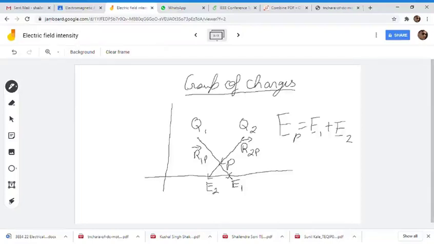This should be a vector quantity, so sorry for that. All these quantities are vector quantities.